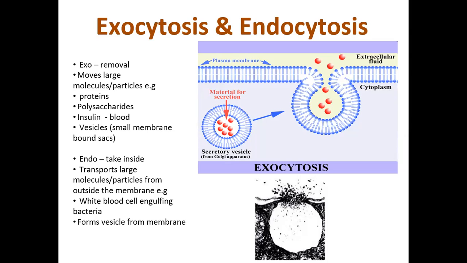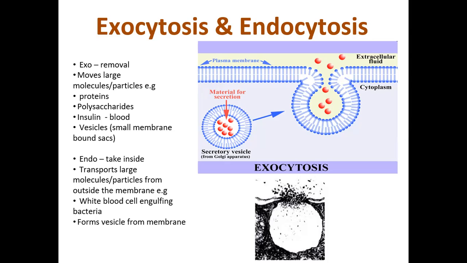It comes and fuses with the phospholipid bilayer, so it actually breaks the bilayer apart because it's made of more phospholipids, and then it releases these materials, for example the insulin, out of the cell. It's really good when we're wanting to move huge quantities through. So that is what happens with exocytosis.